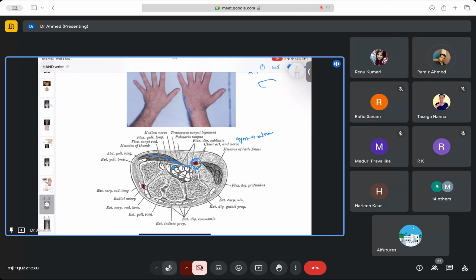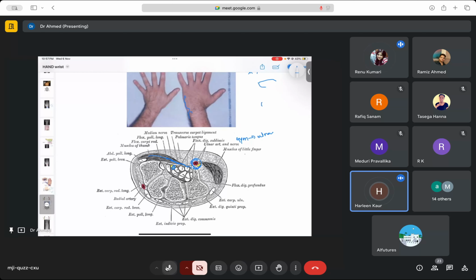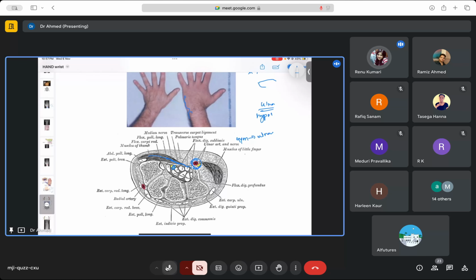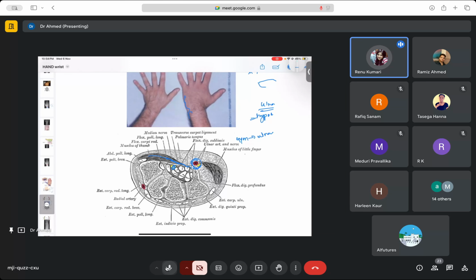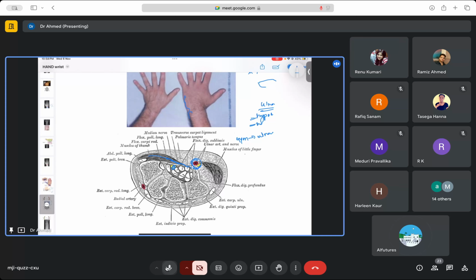So, for example, if someone has compression of this ulnar nerve, what would happen? Hypothenar muscles, okay. Then the medial two lumbricals.